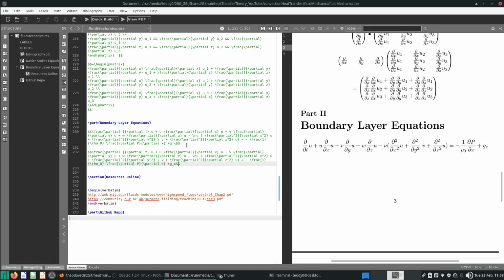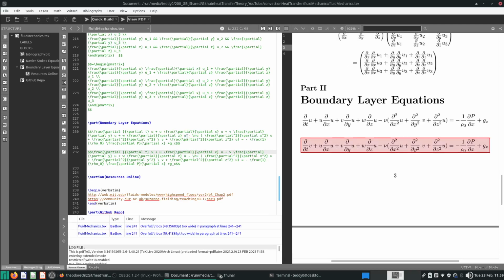So I'll just paste it first, and let's do it for the y part. So this is what we pasted down. I'm just going to change some of the velocities on the inside.